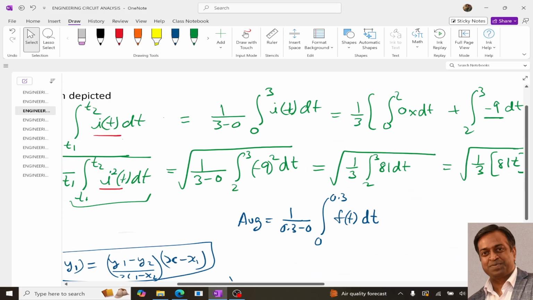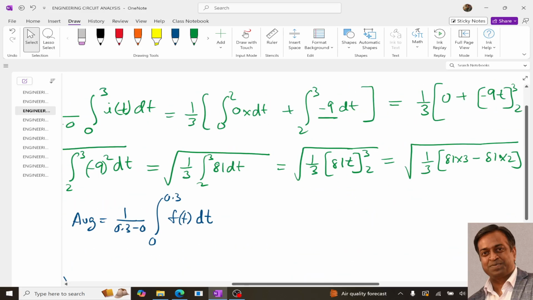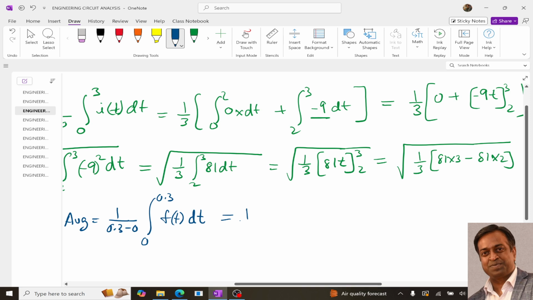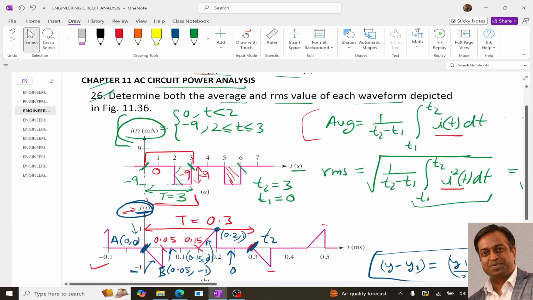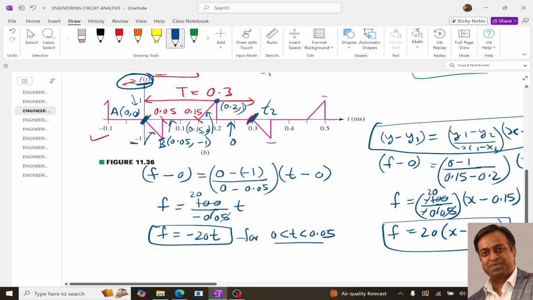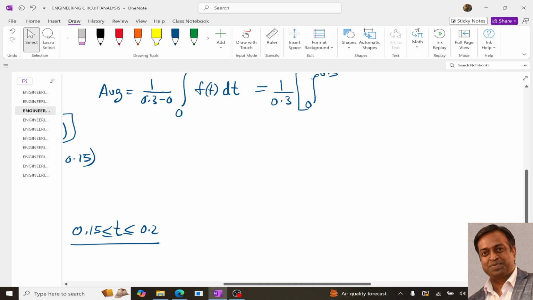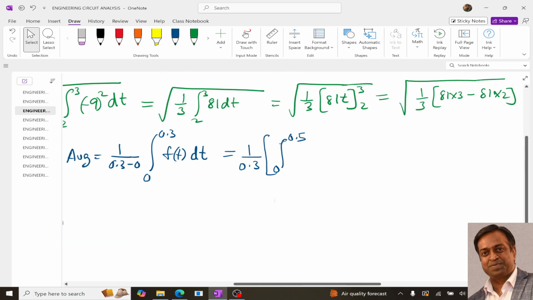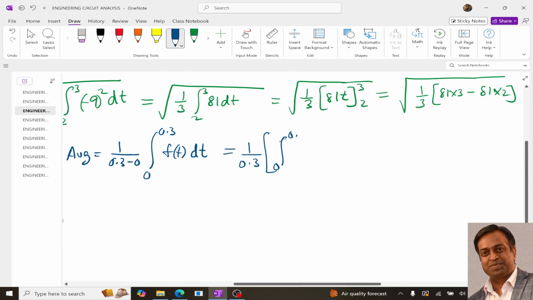Now substituting over here 1 upon 0.3, and this integration, like, it can be divided into two parts. One is from 0 to 0.05, right? Because we have two equations, 0.05, so it is minus 20t. So let me put it. It is 0.05 and it is 20t dt.